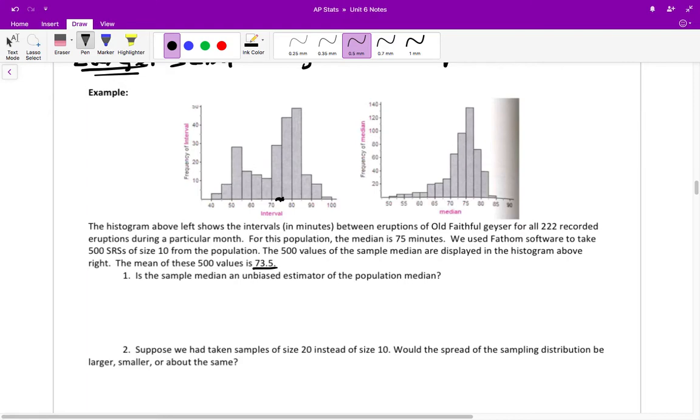Okay, so in part 1, it says, is the sample median an unbiased estimator of the population median?